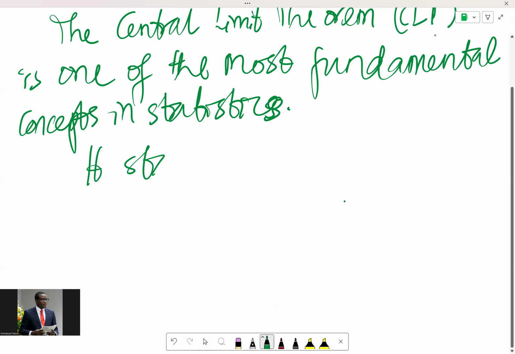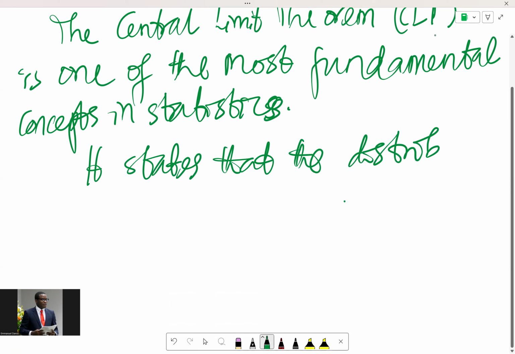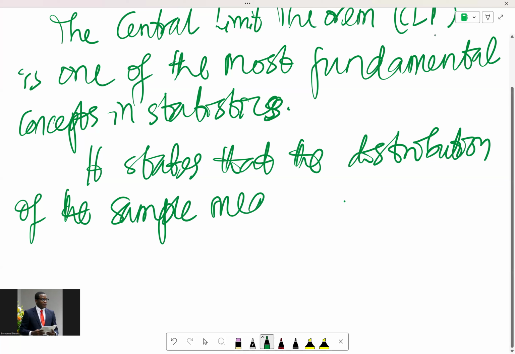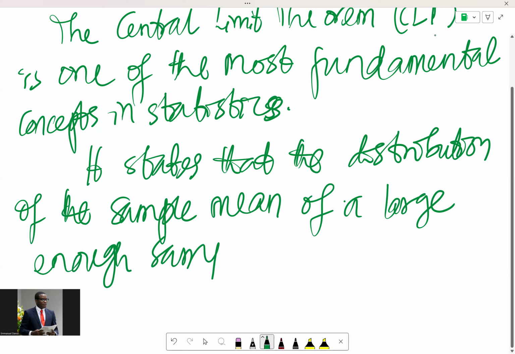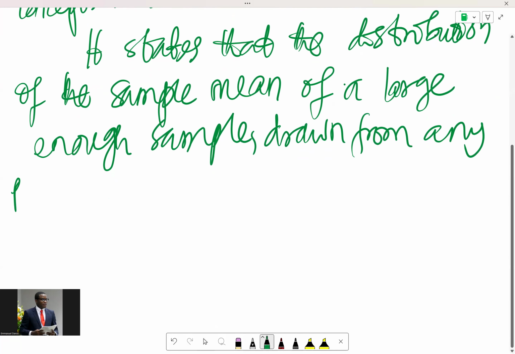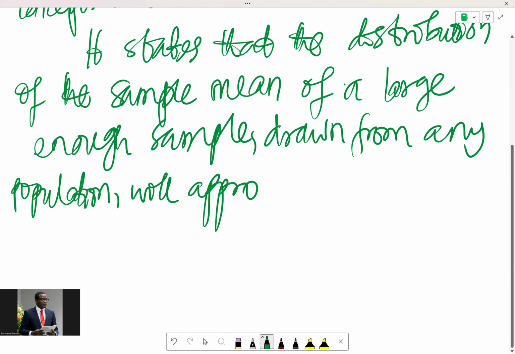It states that the distribution of the sample mean of a large enough sample drawn from any population will approximate a normal distribution.